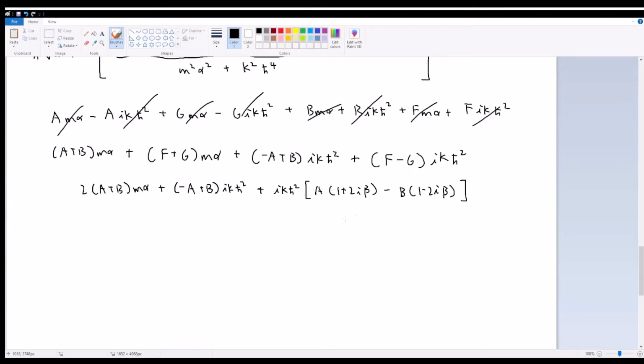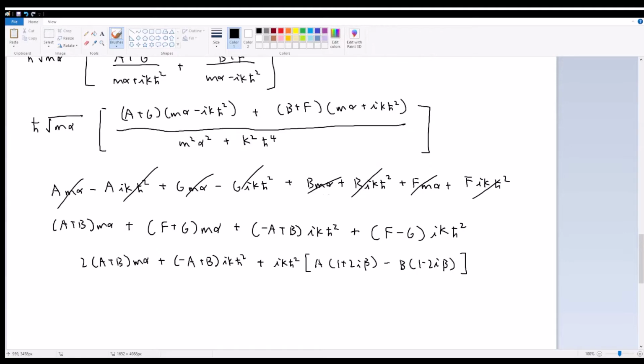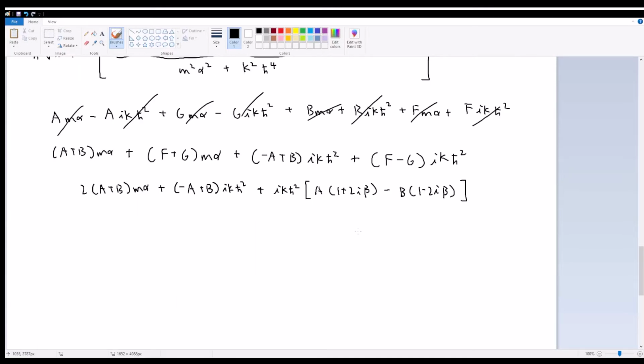And if we fully write this out, because we know that beta is equal to m alpha over h bar squared times k, what is this going to give us?